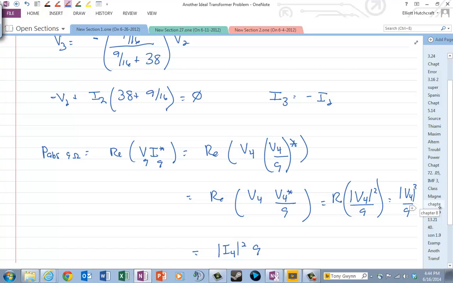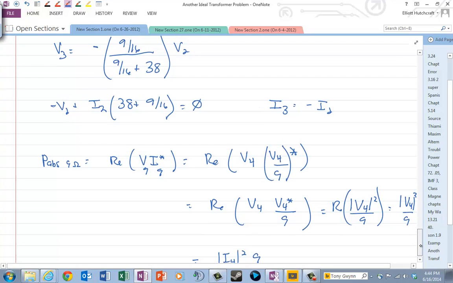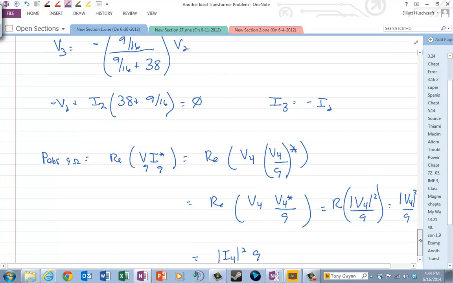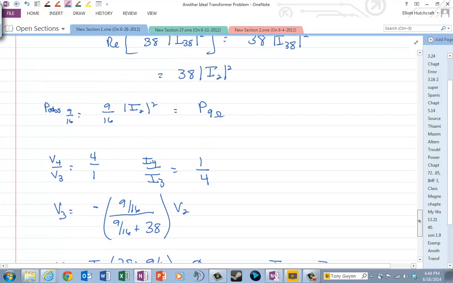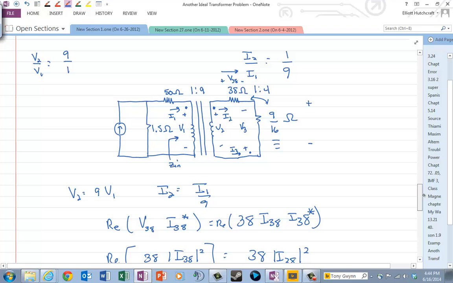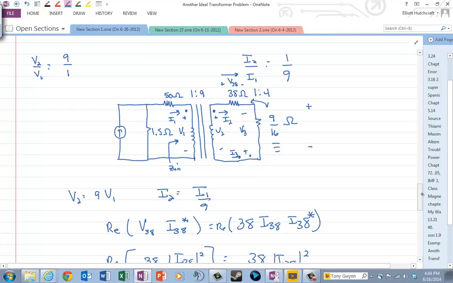And notice, if you plug all these numbers in, you should find that the power absorbed of that 9 ohm would be the exact same number as the power absorbed of that 9/16 ohm that was sort of a fictitious resistor that was created by translating that 9 ohm back to the input side of that second transformer.